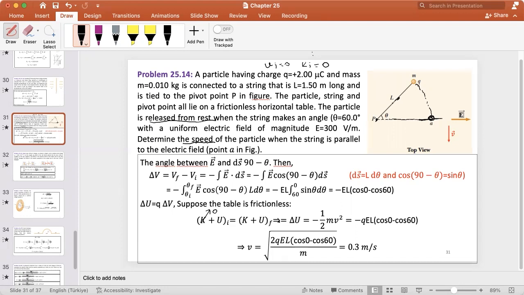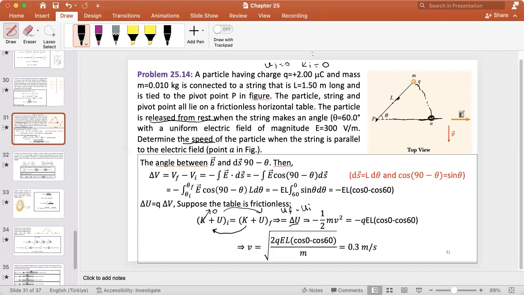How can I write this part? If you put this one here and take the kinetic energy at the final state to the other side, finally this side will be the final minus initial state for potential energy.